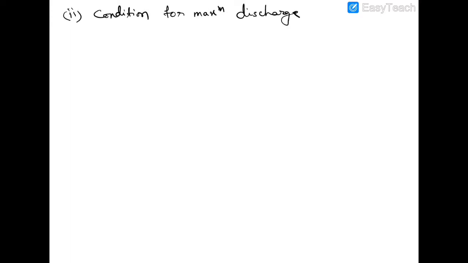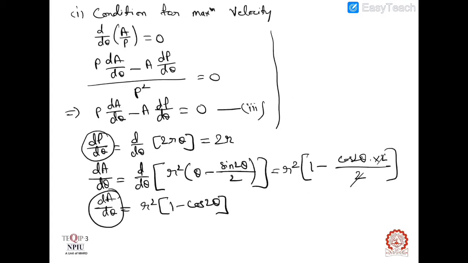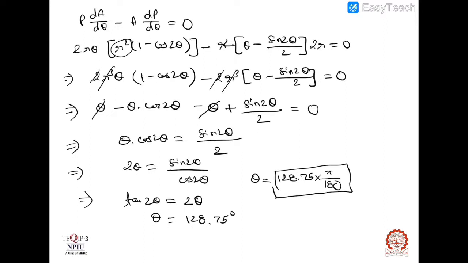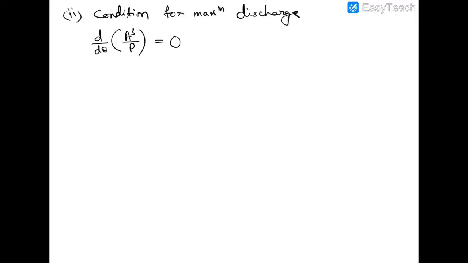Condition for maximum discharge. For that we have to differentiate A cube upon P with respect to theta and equate it with 0. Okay, this condition we know. For the maximum flow rate we have to keep A cube upon P maximum. So d upon d theta of A cube divided by P is equal to 0.